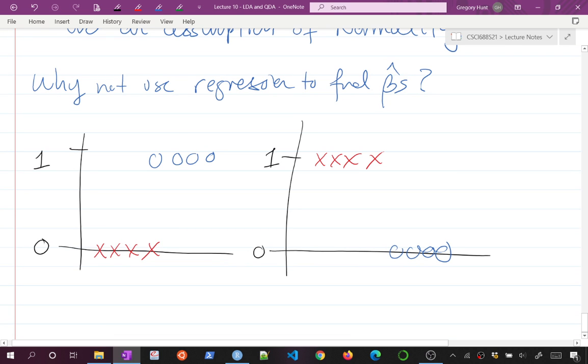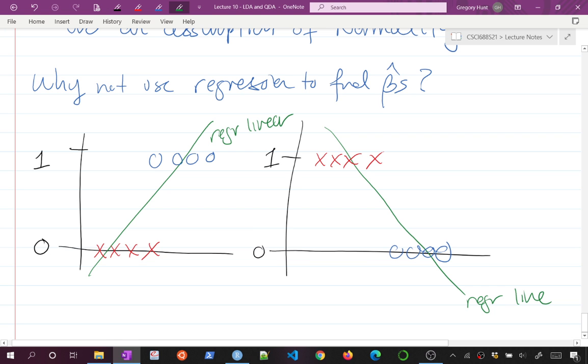So something like that. And what if I just fit a regression line? I could fit a regression line in that case, and I could fit a similar kind of regression line in this case.